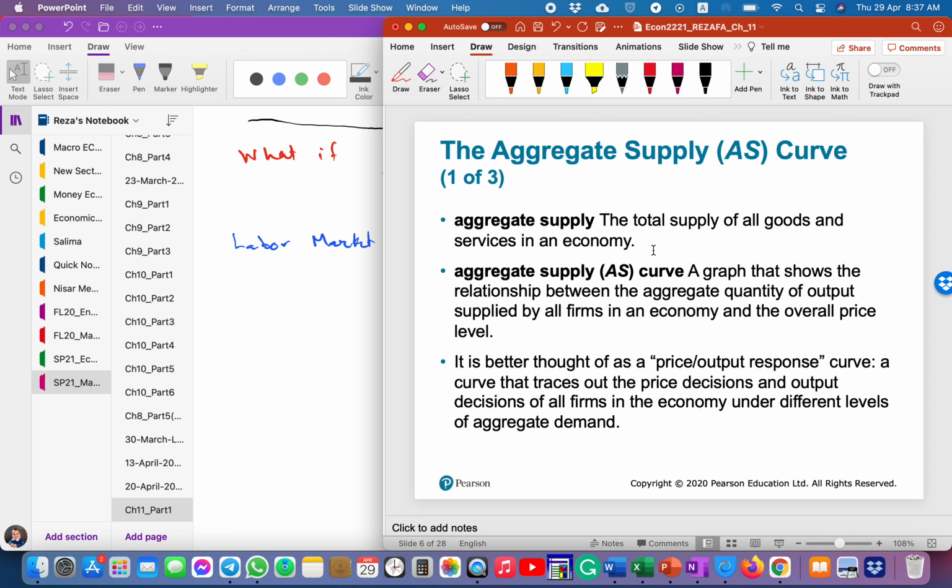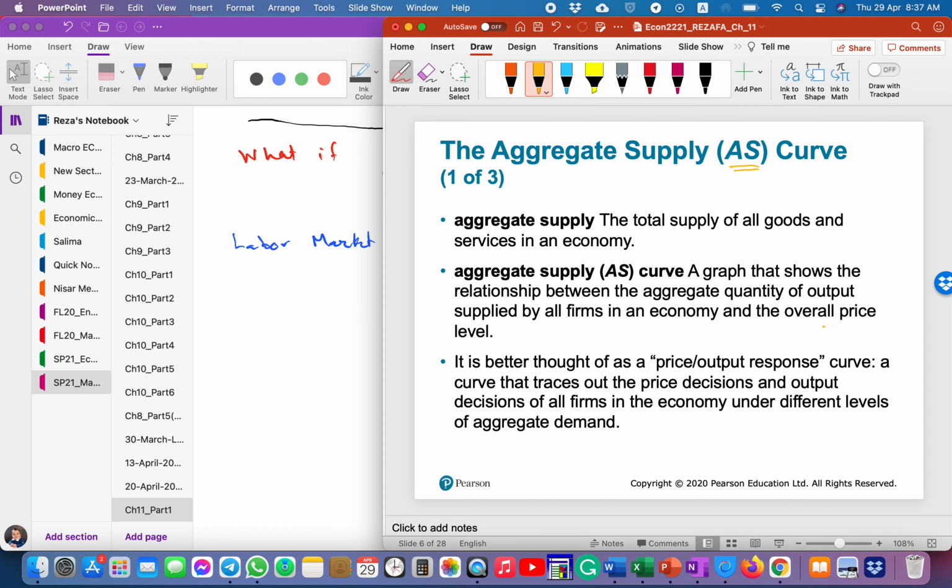So the aggregate supply curve, what is it? The aggregate supply by definition is the total supply of all final goods and services in an economy, and the aggregate supply curve is a graph that shows the relationship between the aggregate quantity of output supplied by all firms in an economy and the overall price.